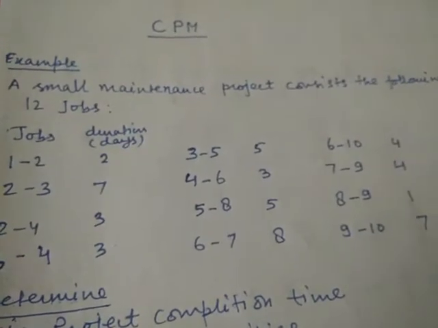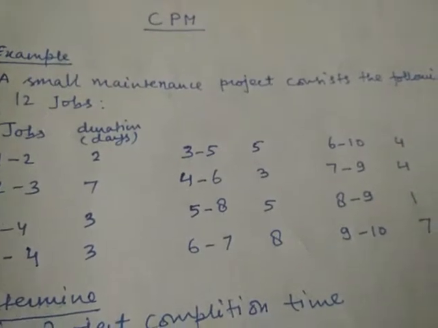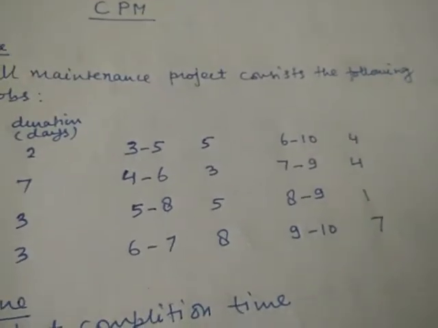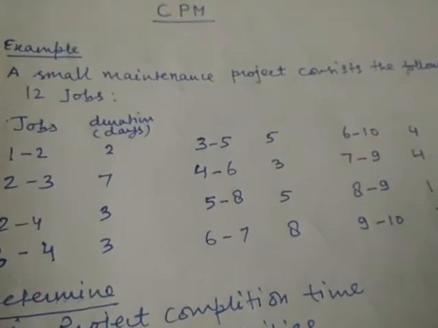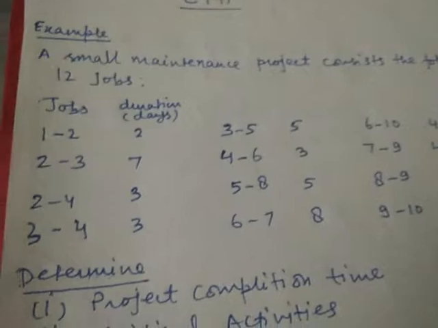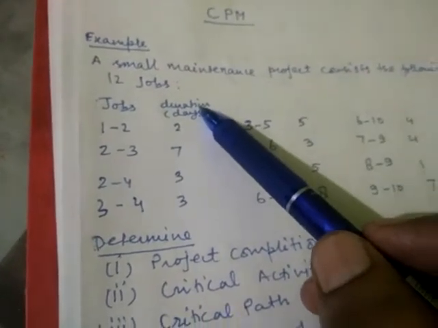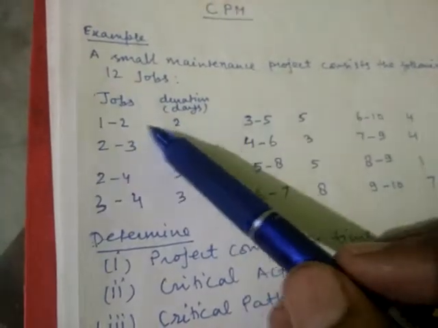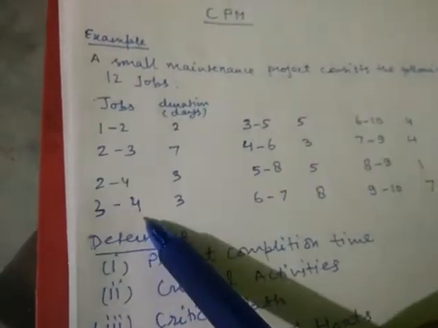A small maintenance project consists of the following 12 jobs. Now these are jobs and these are the duration in days. Job 1 to 2, 2 to 3, 2 to 4 and 3 to 4.